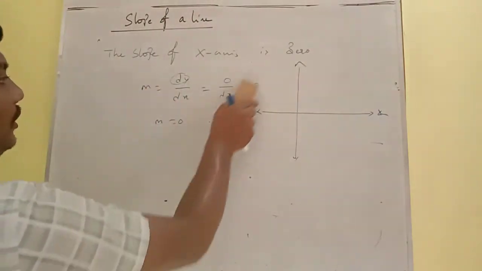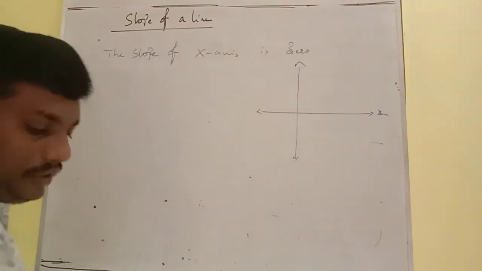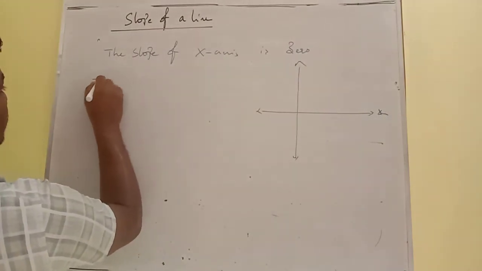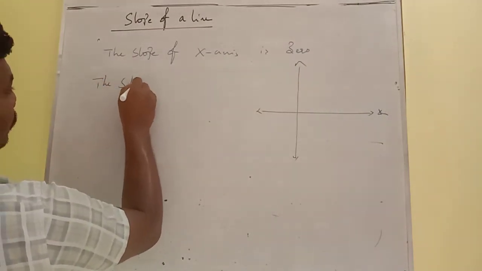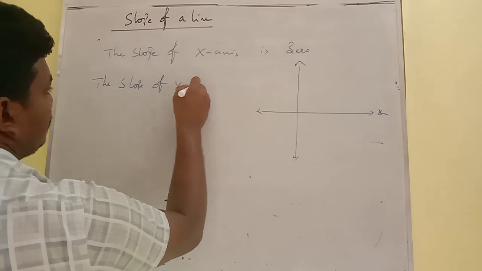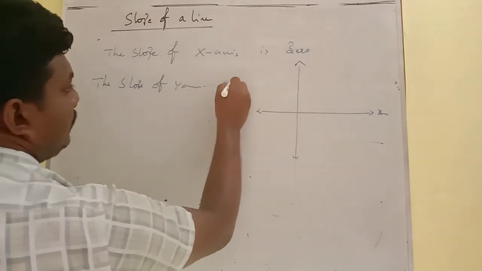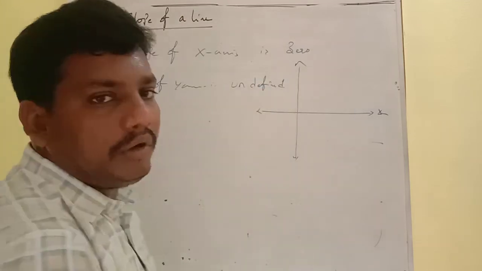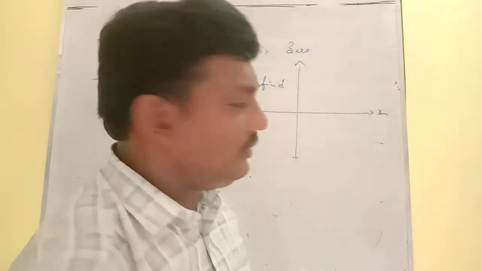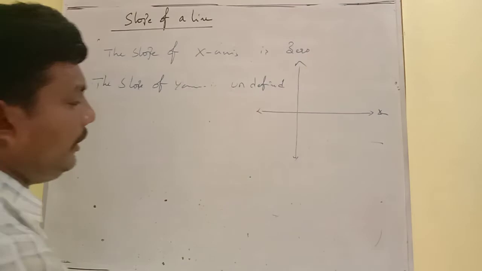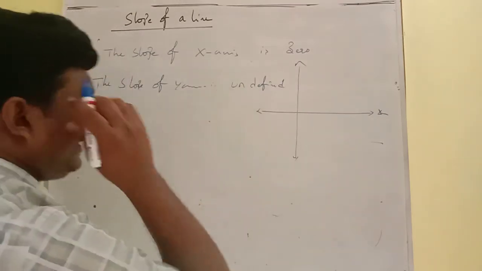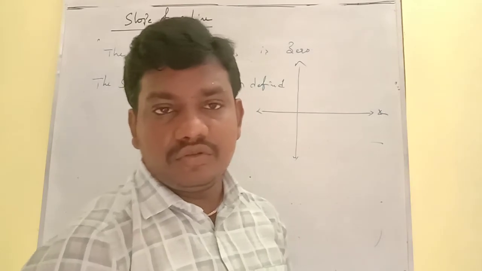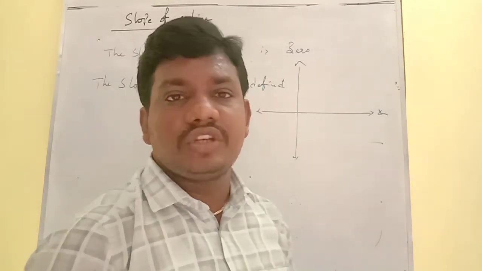Now let me consider the slope of the y-axis. What is the slope of the y-axis? The slope of the y-axis is undefined. Because on the y-axis there is no change in the x variable; the change in x is 0.